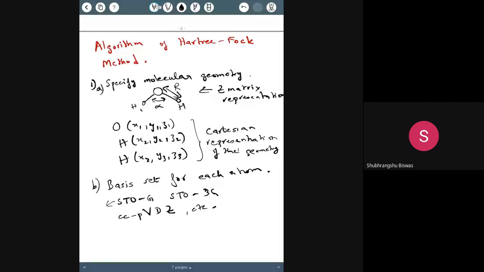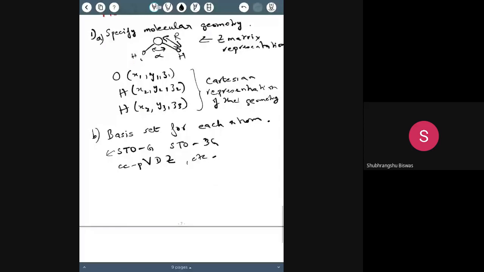These are present either inside the package that you are using or in a database online. So then you have to select the basis set. In choosing your basis set, you have to consider what sort of property you want to calculate, etc. This comes with experience.